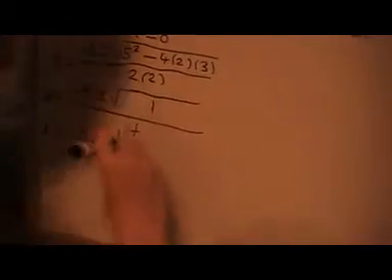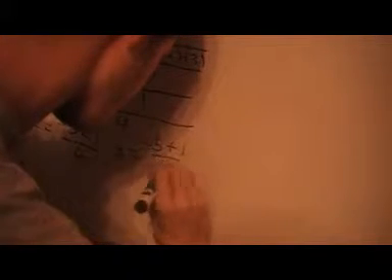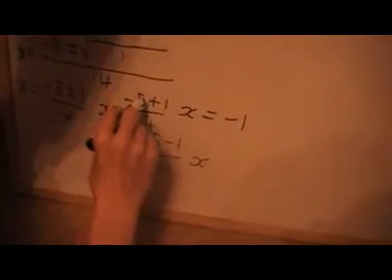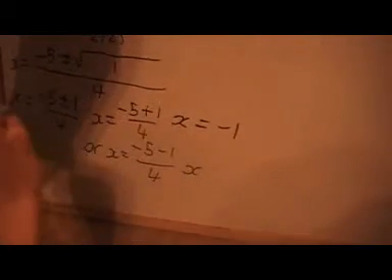So that means x can be, and you can calculate these if you like, and you'll find out that that one there comes to minus 1, because we get minus 4 over 4.